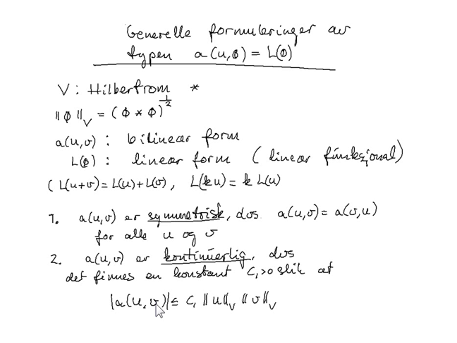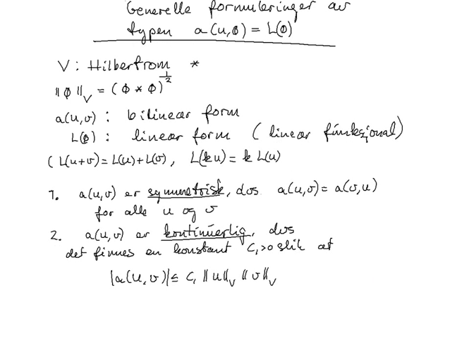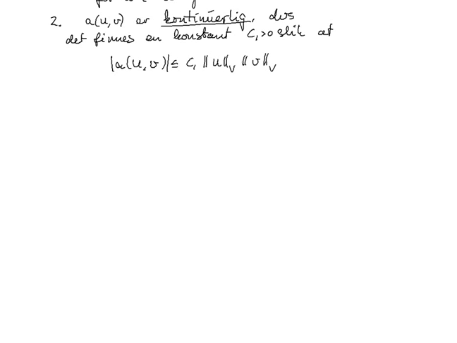The definition is written as follows. The absolute value of this bilinear form should be less than or equal to some positive constant C1 multiplied with the norm of u and the norm of v. So that's the definition of continuity of the bilinear form.